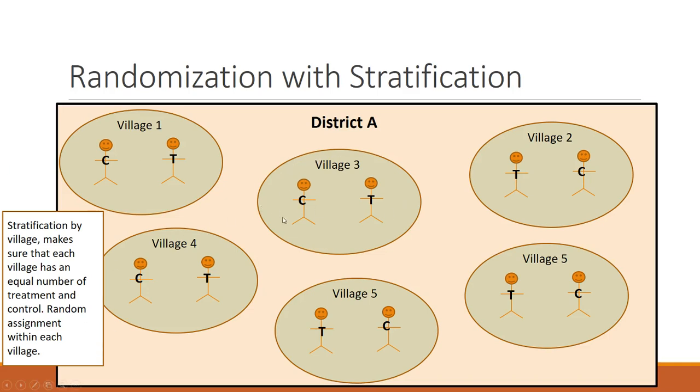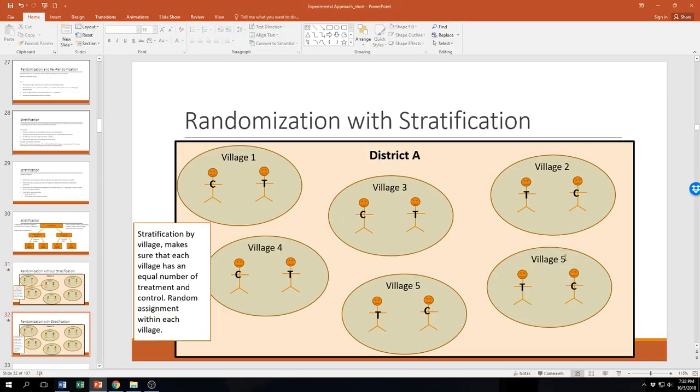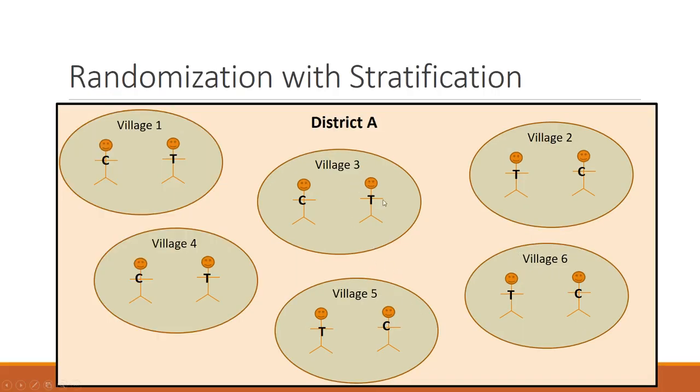If village 3 is very different from village 4, that's okay, because we've got an equal number of treatment farmers in village 3 as we have control farmers in village 3. That means we can compare these farmers to these farmers and identify the treatment effect within the village.